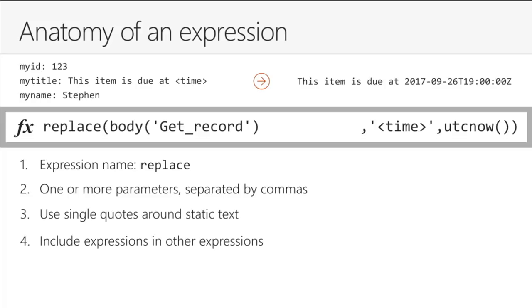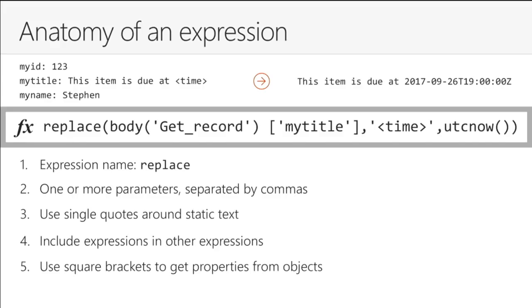Now, you can, of course, include other expressions inside of this expression. So in this case, I've actually done that twice. On the right-hand side, I have an expression called utcNow, and that just grabs the current timestamp. And on the left, I'm using an expression called body. We have a few important expressions that are used for retrieving the outputs from previous actions. In this case, the action was called getRecord, and from the body of getRecord, I'm going to grab a property called myTitle.